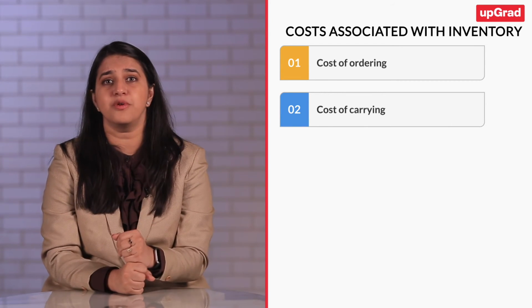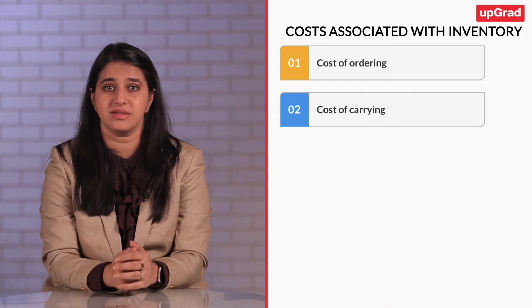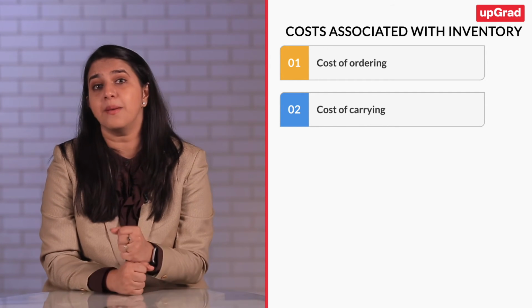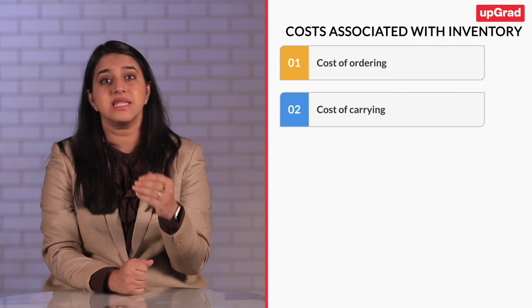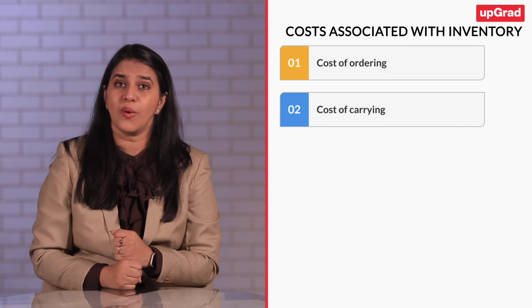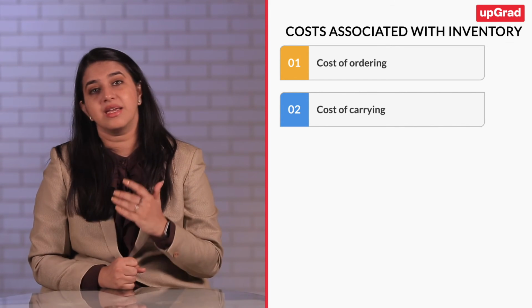The second type of cost that is associated with inventory stocking is incurred when the company's inventory is in the company's warehouse. This cost is known as inventory carrying cost.